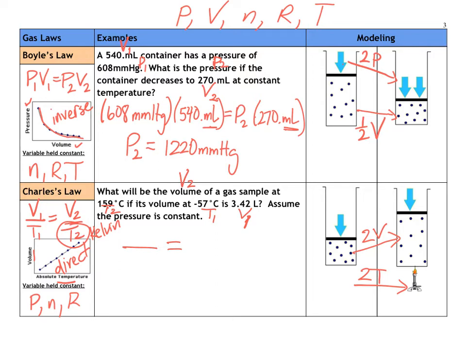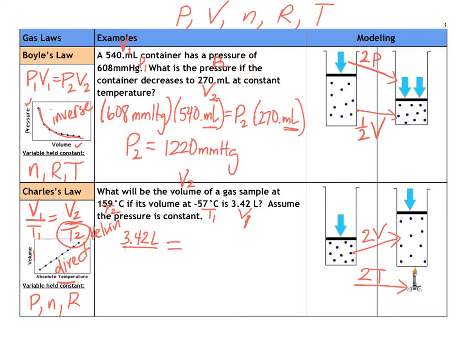So V1 is 3.42 liters. T1 is negative 57 degrees Celsius. Now, if I put that negative down below here, I would see that my volume, V2, is going to end up being a negative number.